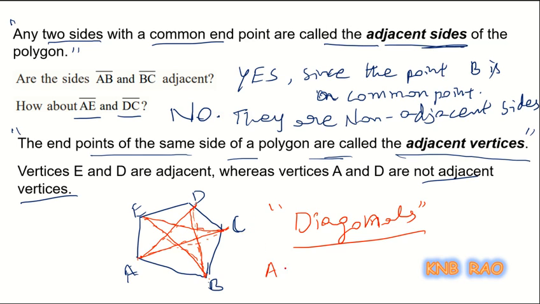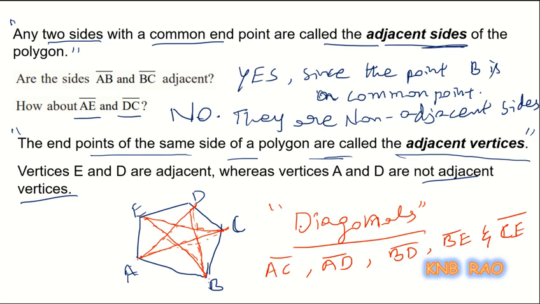So I have totally 5 diagonals. So this pentagon is a special figure, remember children, it has 5 sides, it has 5 vertices and it has 5 diagonals also. That is the specialty of a pentagon.